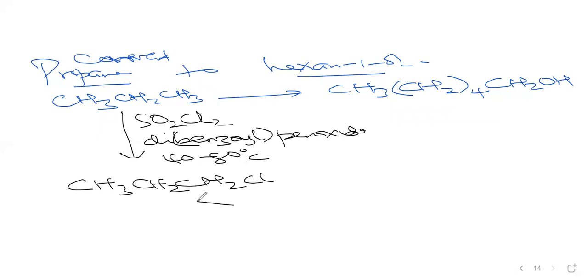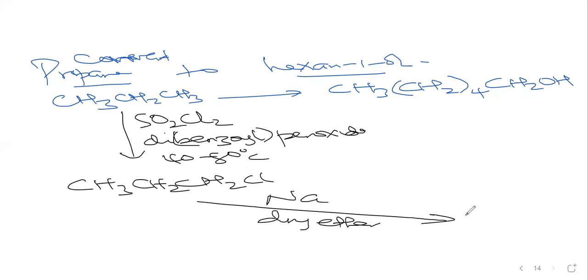Then you can use the Wurtz synthesis using sodium and dry ether. Don't heat. This reaction does not require heating. It will give you CH3(CH2)4CH3. Those are 6 carbon atoms.